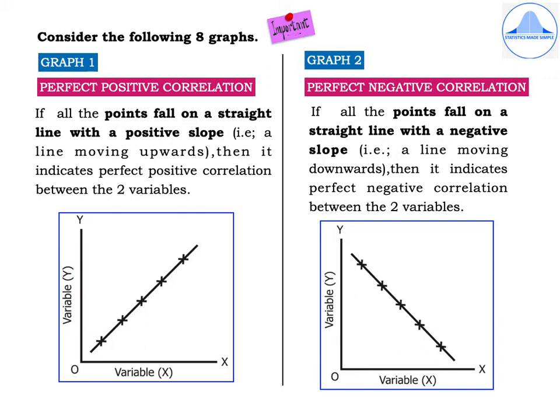So in graph 1, we see that all the points are falling on a straight line with a positive slope, and hence it indicates perfect positive correlation. Graph 2 indicates perfect negative correlation. If all the points fall on a straight line with a negative slope, that means a line which is moving downwards, then it indicates perfect negative correlation between the two variables.